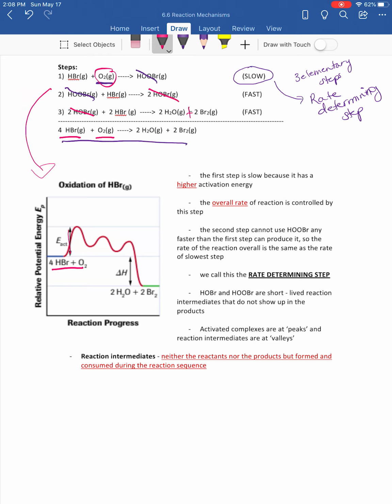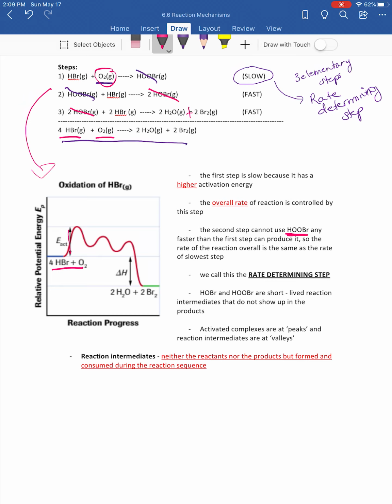The overall rate is controlled by this large activation energy. If my system doesn't have this amount of kinetic energy, it will not go forward. The second step can't use the products of elementary step 1 until that product is made. So it really means that elementary step 1 is my rate determining step.